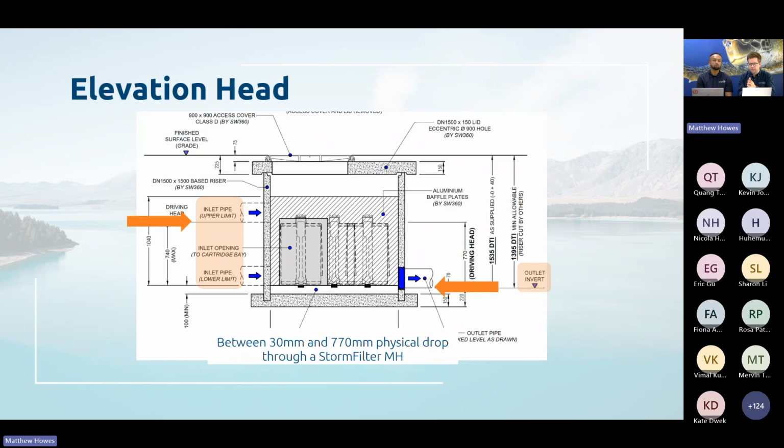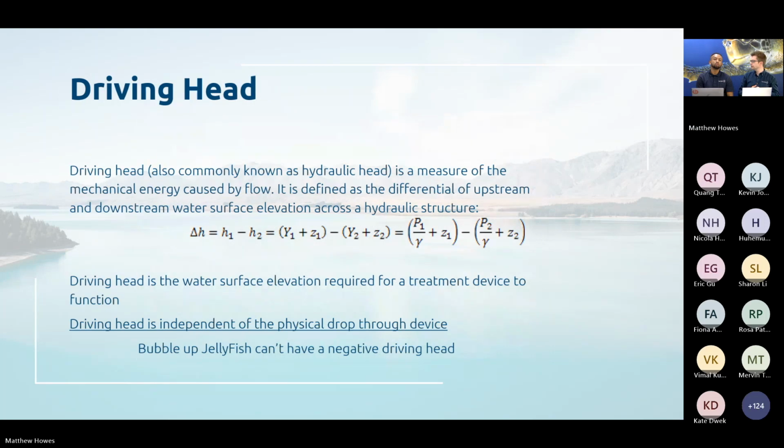But it's really important to consider, and what we're going to discuss now, this is a separate measurement to the driving head requirements of all three of those treatment devices. The driving head is probably a term that you hear a lot, since I believe most of you have designed Stormwater 360 devices before.